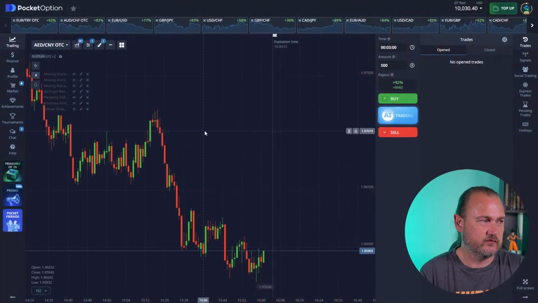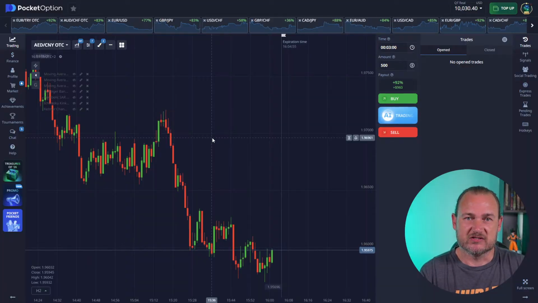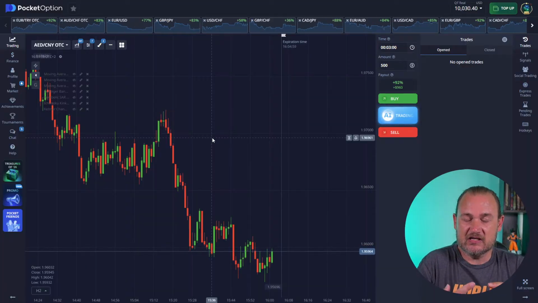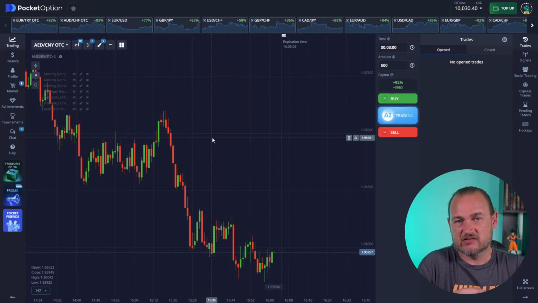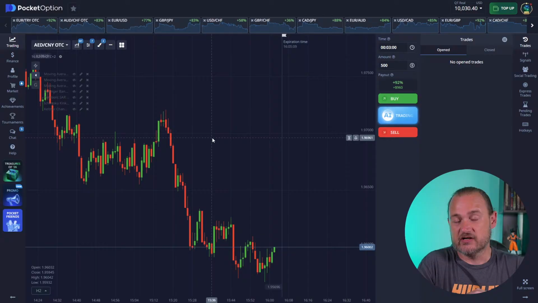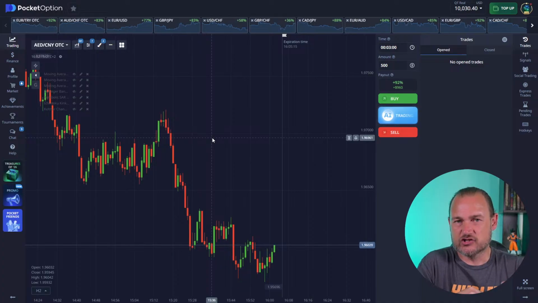Okay, so we're on our platform here. First thing that we're going to do today is we're just going to have a look at what divergence is. Now, before we kick off, there are 4 different kinds of divergence. Firstly, you get your 2 normal divergences, which are also reversal signals. So you're going to get that at the end of a trend usually.